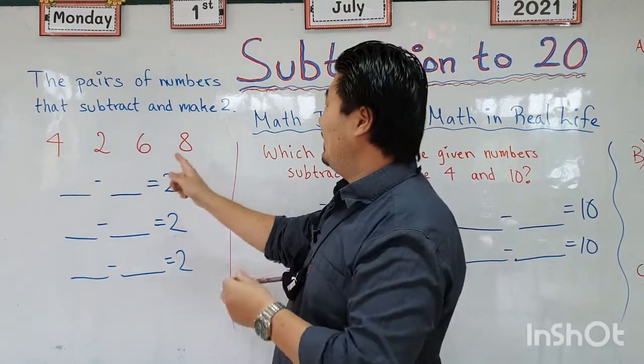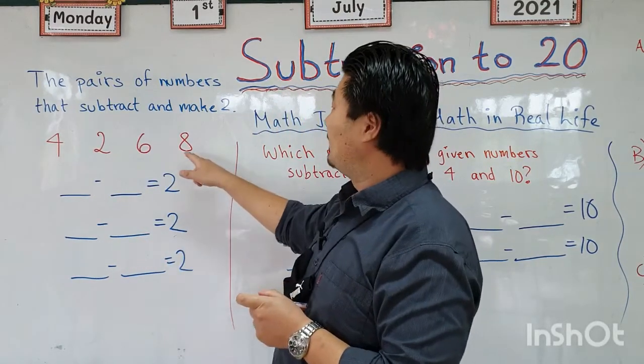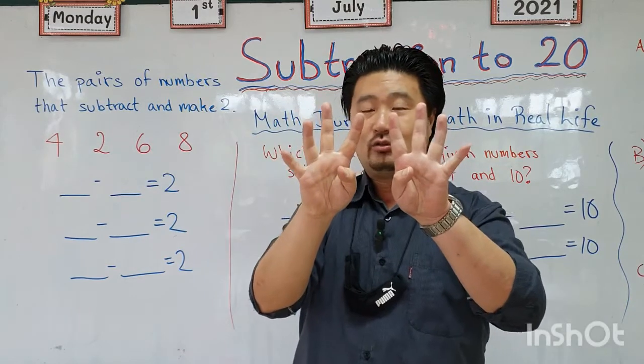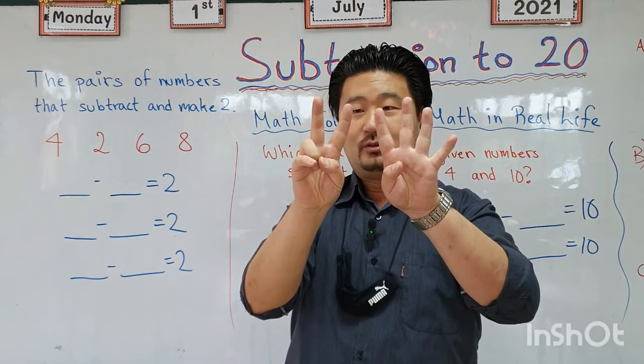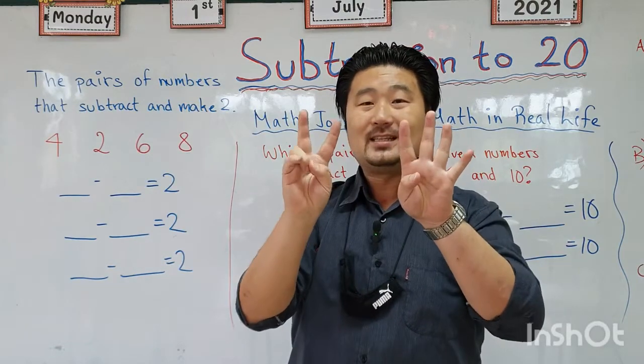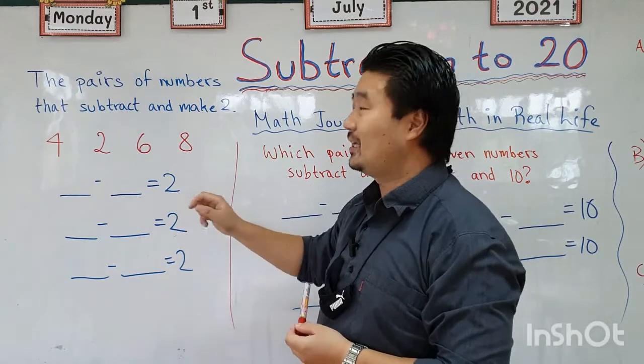So no, 8 minus 4 does not work. How about 8 minus 2? Then you have 1, 2, 3, 4, 5, 6. 6 left. 6 is not 2. No, so that does not work.